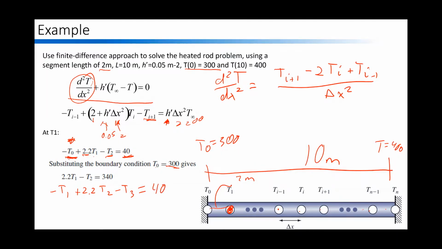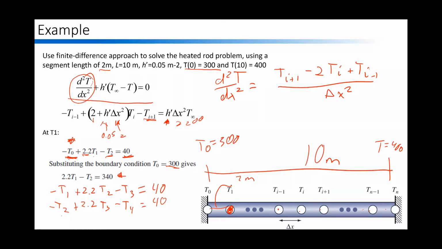I don't know what T1, T2, or T3 is, so I have to leave it in this form. With the above one, I can rearrange to eliminate that T0.